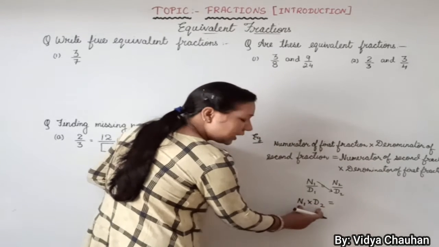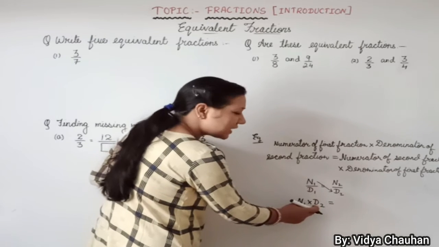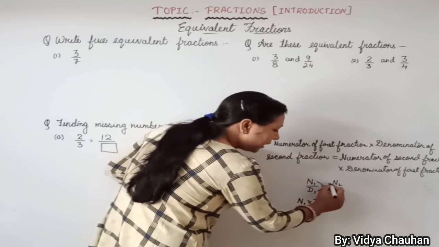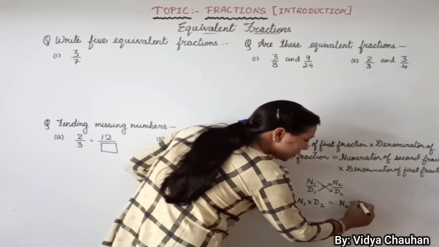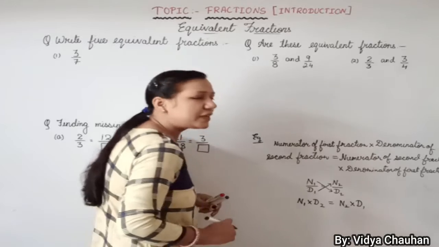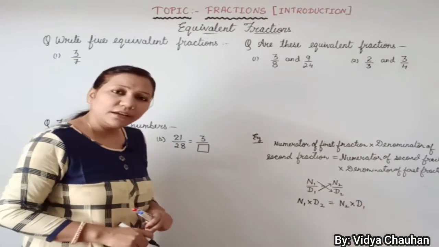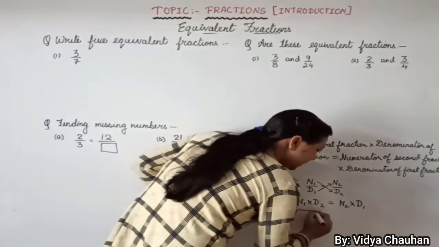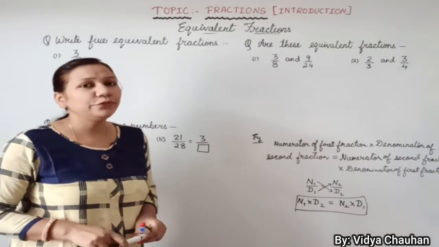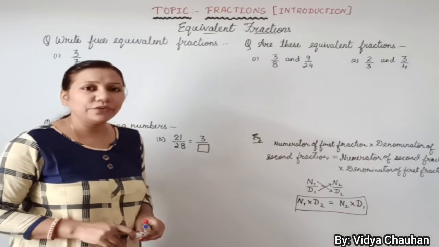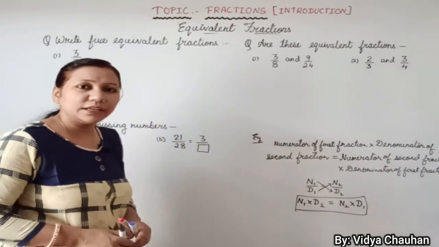If this product is equal to the product of the numerator of the second fraction and the denominator of the first fraction, then the two fractions are said to be equivalent. This is your required formula to find out whether two fractions are equivalent or not, and we will use it in our questions.